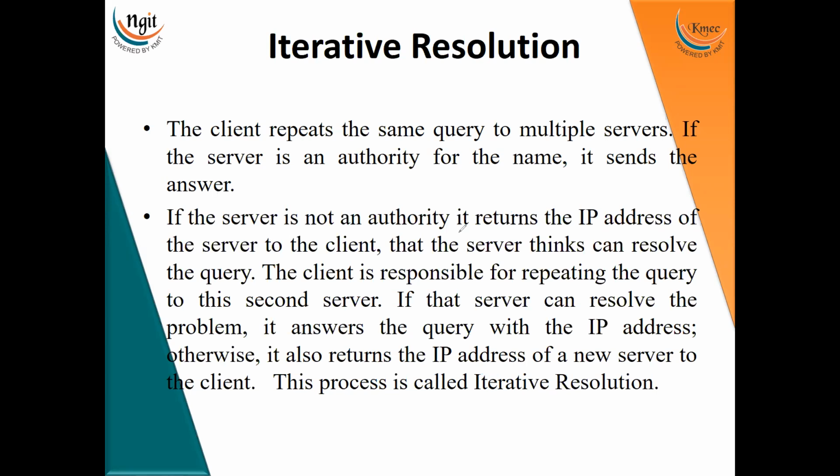If the server is not an authority, it returns the IP address of a server that it thinks can resolve the query. Now, the client is responsible for repeating the query to this second server. If that server can resolve the query, it answers with the IP address. Otherwise, it returns the IP address of a new server to the client. This process is called iterative resolution.